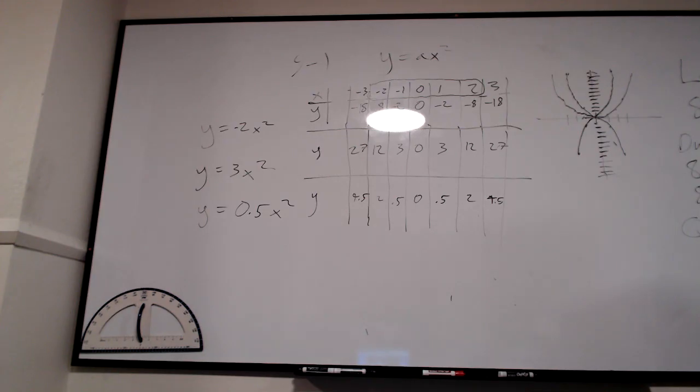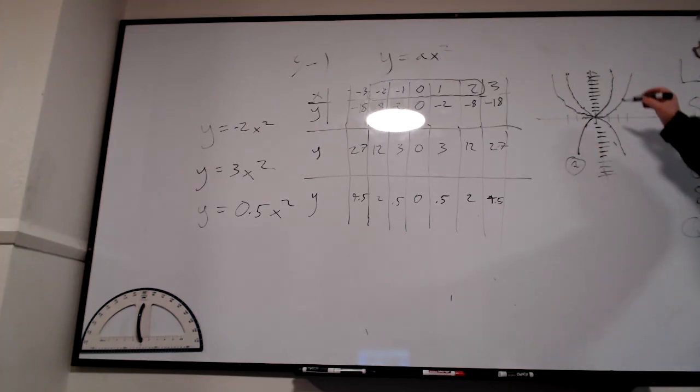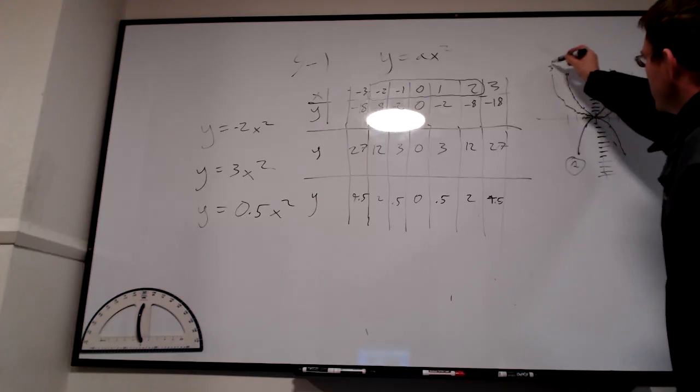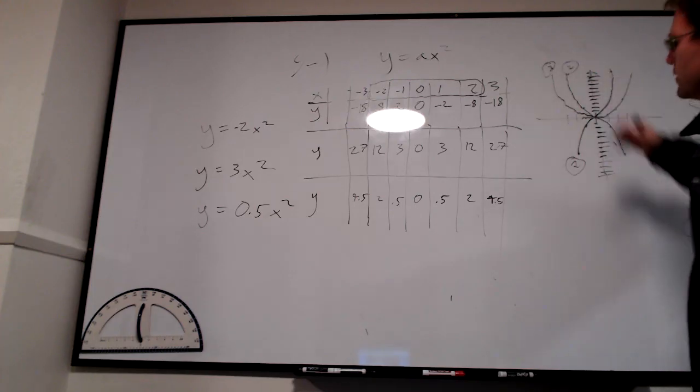Now you need to label them. So we'll call this 1. Does that numbering make sense?